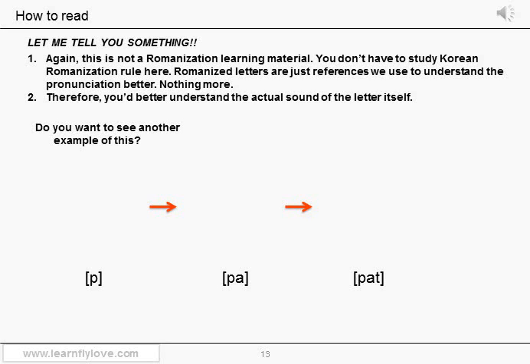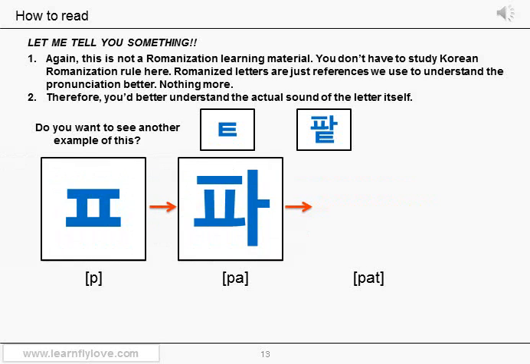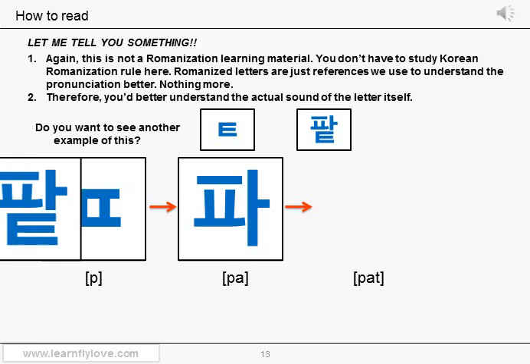Let's see one more word as an example of the consonant in group 1. 티읕, which sounds T, like T in English. Can you read this one word shown in this page? It starts with a P sound and add a vowel A. So it sounds Pa, like P-A in romanization. And what is the final consonant here?